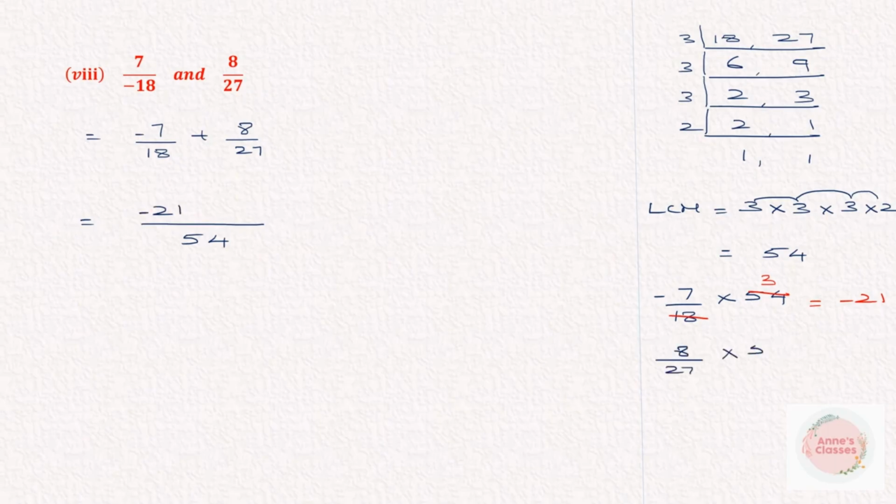Multiply this by the LCM which is 54. Cancel 27 and 54. 27 2s are 54. Multiply 8 into 2 which is 16. So here it is plus 16. So signs are different. Put the sign of a bigger number and subtract. 21 minus 16 is 5 by 54. So what is our final answer? Minus 5 by 54.